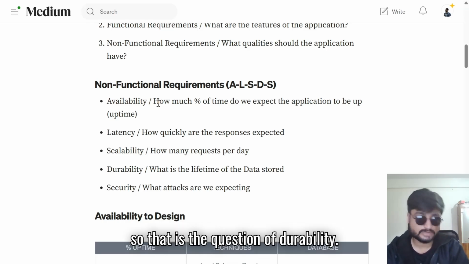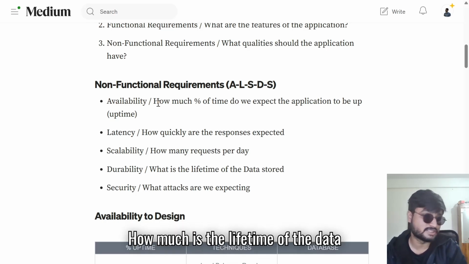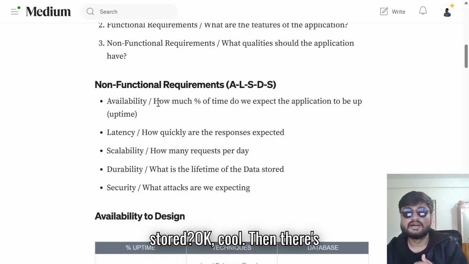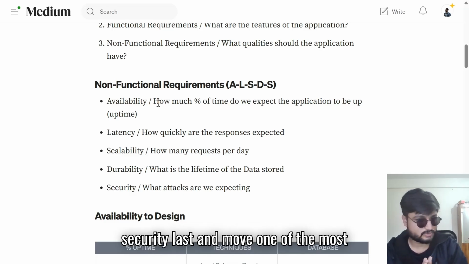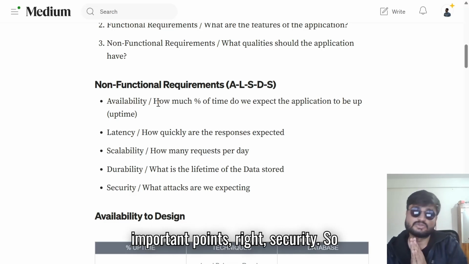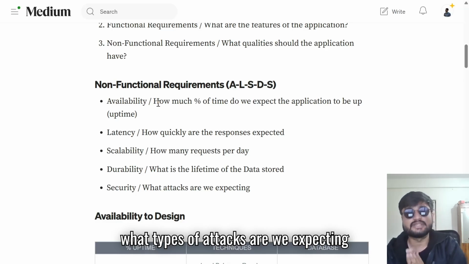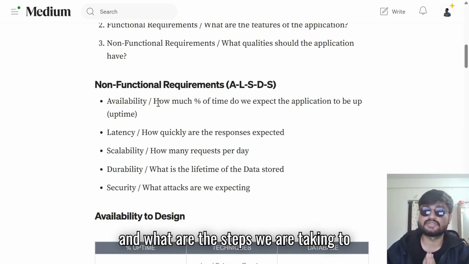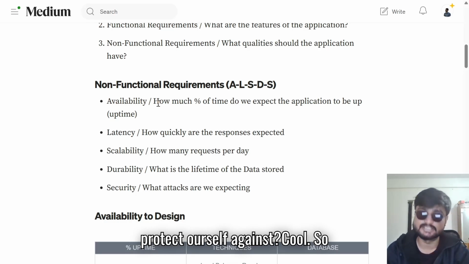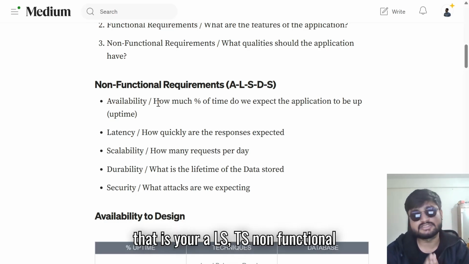That is the question of durability. Then there's security, last and one of the most important points. So what types of attacks are we expecting, and what are the steps we are taking to protect ourselves against them? Cool. So that is your ALSTS, non-functional requirements.